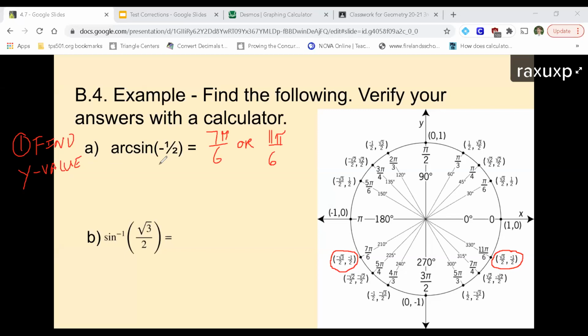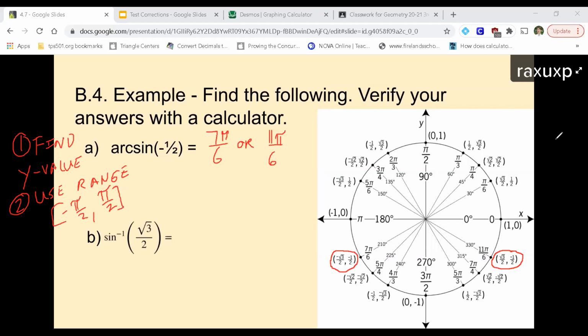However, if you remember, a function can have exactly one answer, right? So both of these cannot actually be the answer. That leads us to step 2. We then need to use our range. So again, the only answers we should get are between negative pi over 2 and pi over 2.